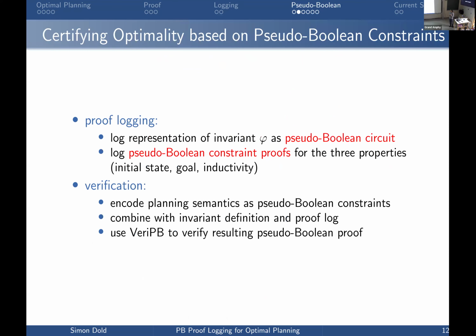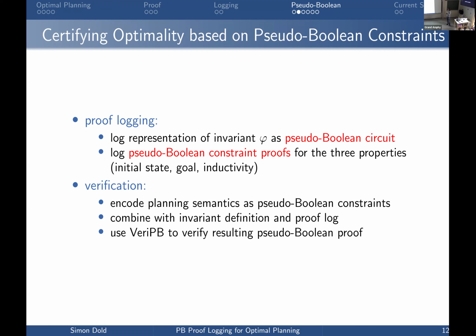For that, we do a representation of this final invariant by a Pseudo-Boolean circuit. And we are proving the 3 properties for this invariant and those sub-invariants along the way. And when we have that, we can do a verification by having an encoding of the planning semantics into Pseudo-Boolean constraints.